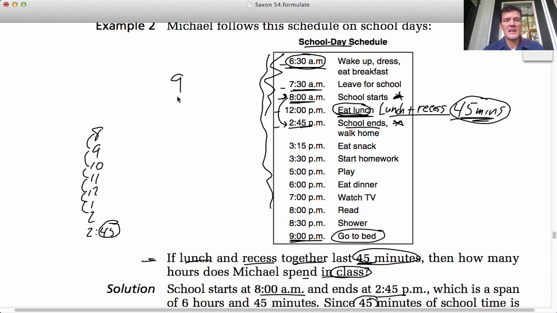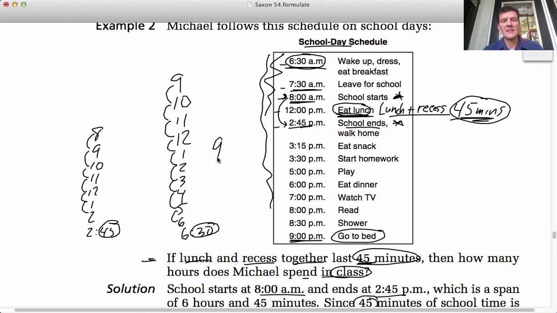So 9, 10, 11, midnight, and then 1, 2, 3, 4, 5, 6, and then to 6:30. So 1, 2, 3, 4, 5, 6, 7, 8, 9 and a half. He's getting 9.5 hours of sleep. That's pretty good.